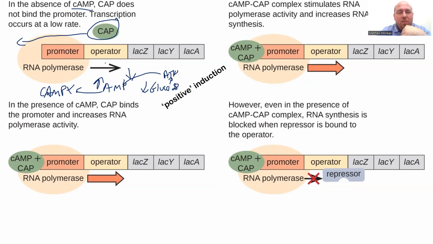And therefore, what you get is RNA polymerase that can read through, but the transcription occurs at a low rate, meaning that in this case, there is no lactose. So CAP doesn't bind the promoter, but there's also nothing on the operator, right? There's no repressor on the operator, so you get some level of transcription, but it's not synergized by anything.